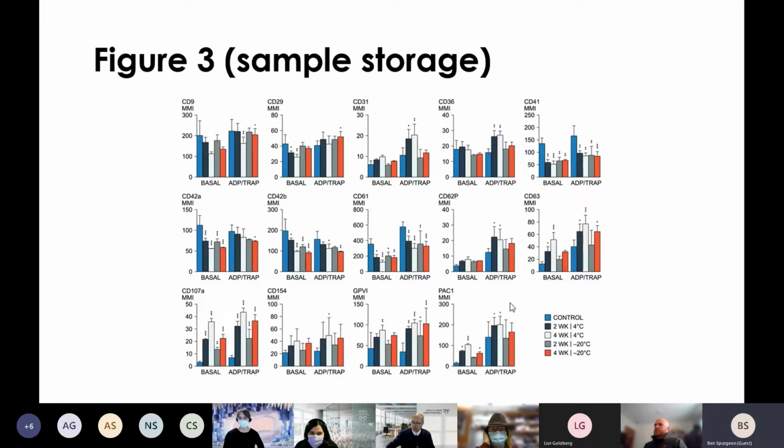So we prepared basal and stimulated samples from 3 different blood donors, split them into aliquots for either same day analysis, which is the control, or for analysis after storage for 2 and 4 weeks at 4 degrees or -20 degrees.